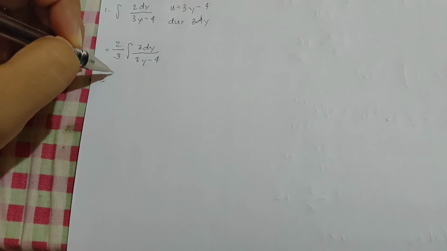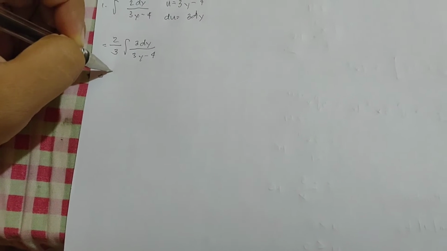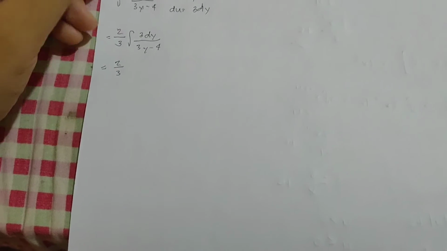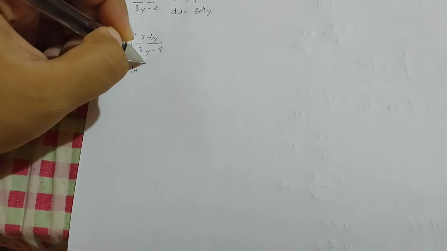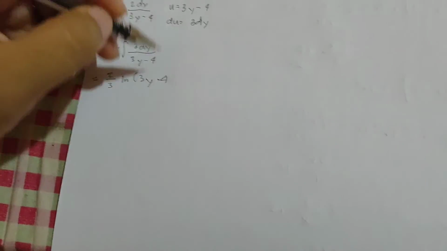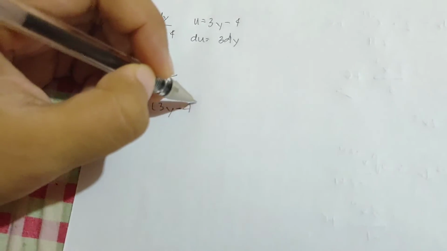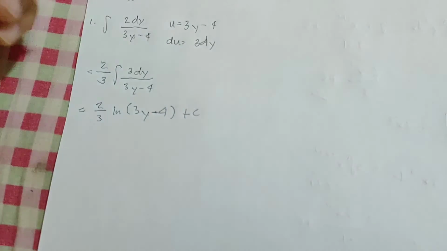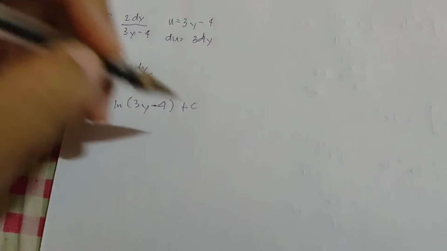So our final answer will be 2/3 ln of the absolute value of 3y minus 4 plus c. That's our final answer.